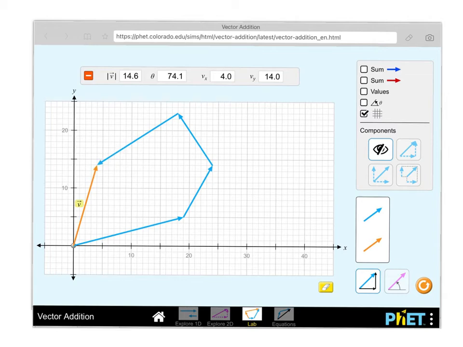There is a question, though: if we wanted to add a fourth vector E so that they all sum to 0, then we would want to take this vector and turn it around.